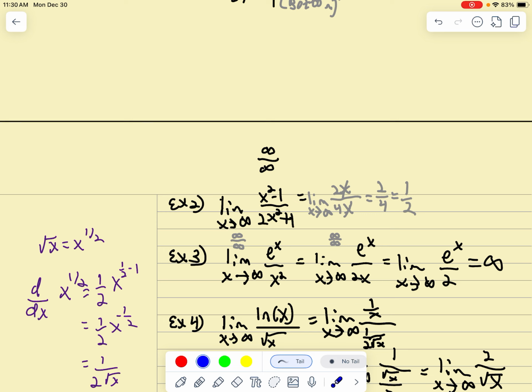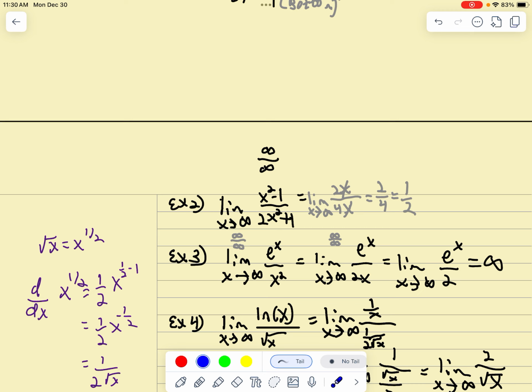If it's a ratio of an exponential over a polynomial, the x squared is a monomial, but it's a polynomial. If you use L'Hospital's repeatedly, e to the x stays the same, but you'll end up with just a number on the bottom, depending upon the polynomial you have, still over e to the x. And if we're looking at it as it goes to infinity, it will still go to infinity.